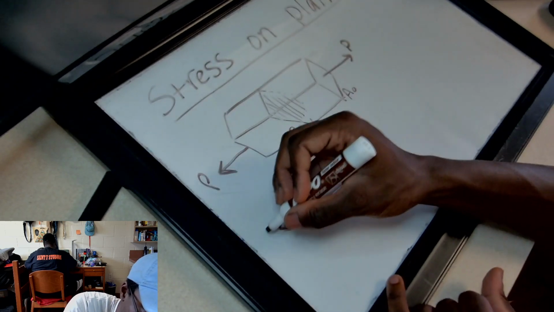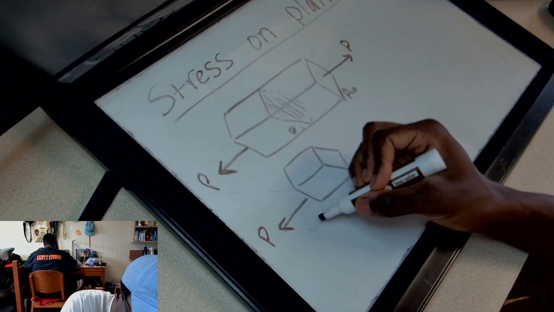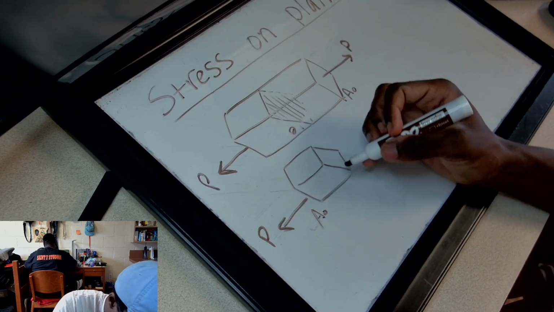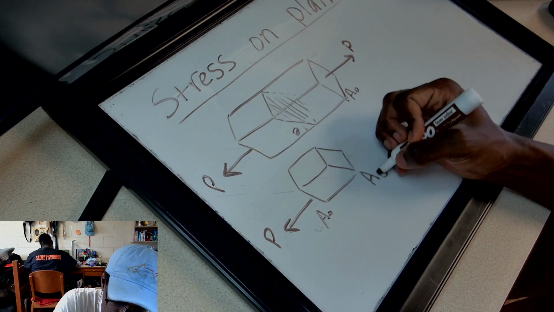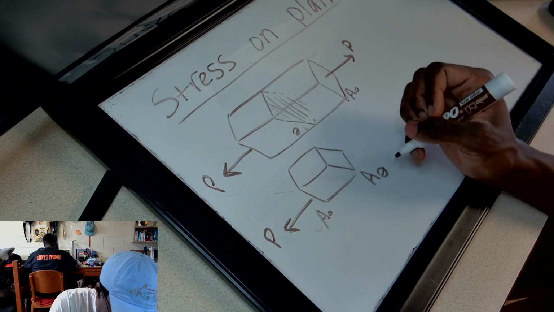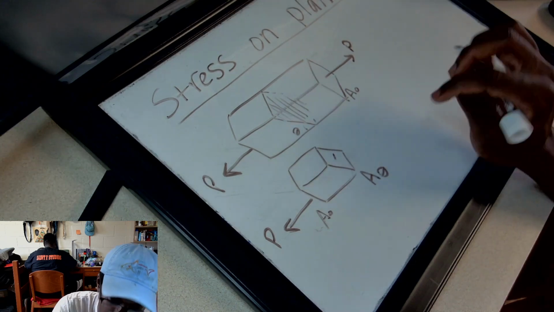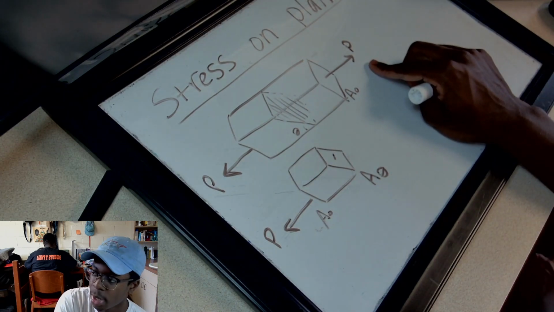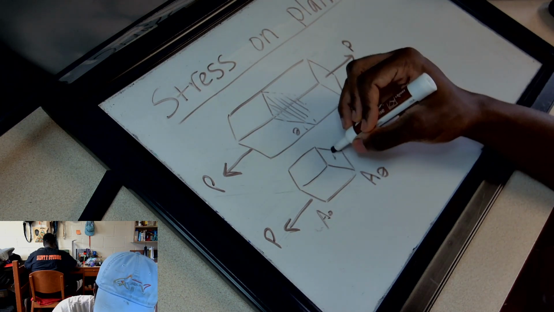So we're still going to have P on this side. We're going to have our A naught. But now we're going to have some area that we're going to call A theta. And we're going to have this P on the other side, but it's going to be broken into different components now.